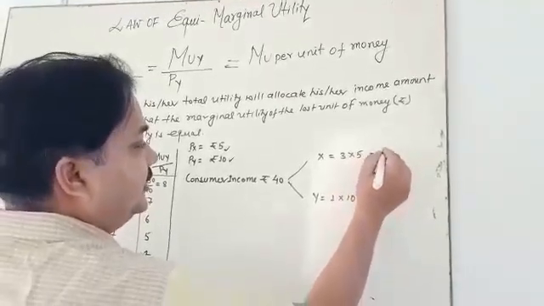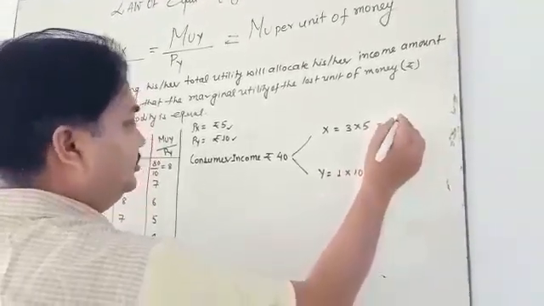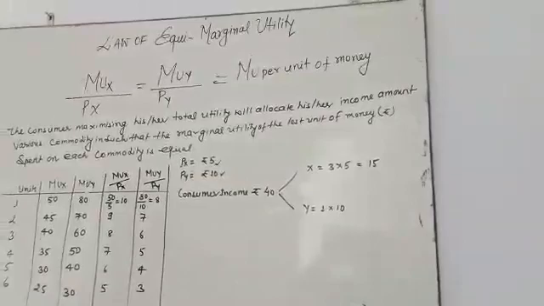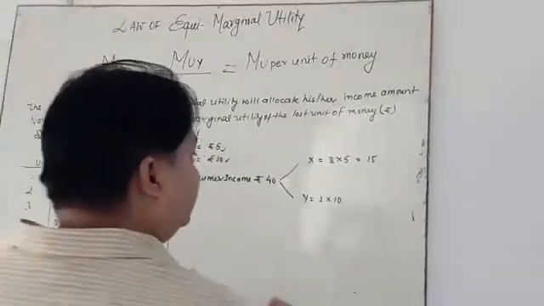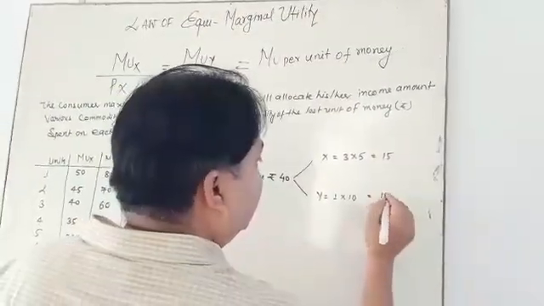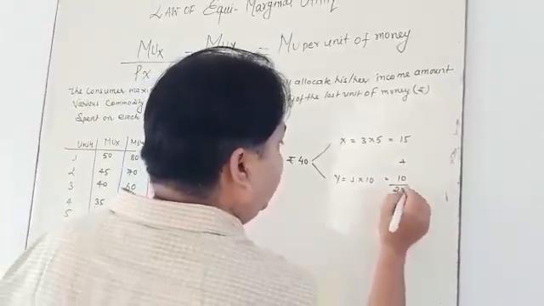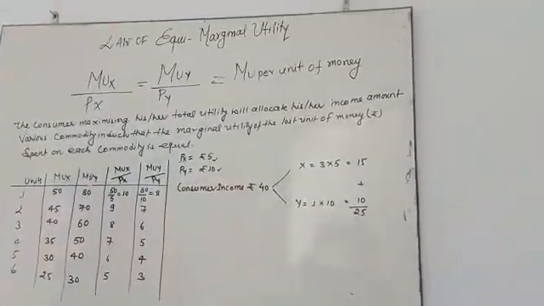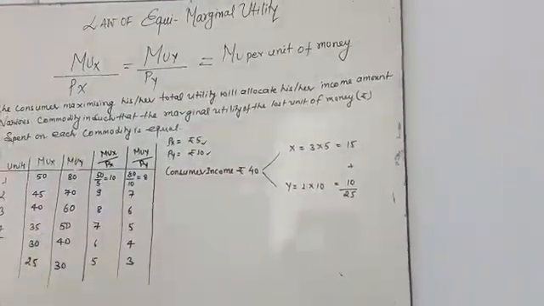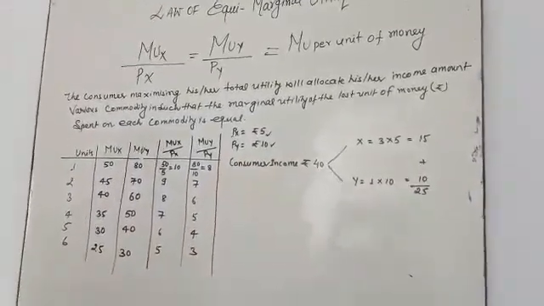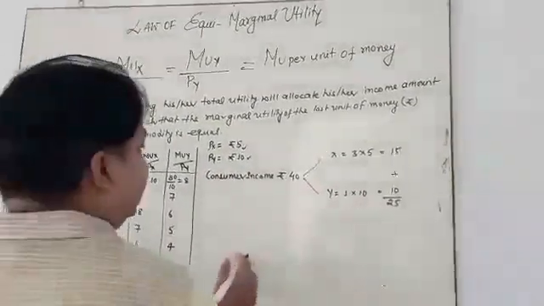You just multiply: 3 into 5 is 15, and you add 10. So how much is that? 25. Only 25 rupees is going to be spent in this situation. So 25 is the total expenditure. So it is not a total adjustment. You can take another adjustment.